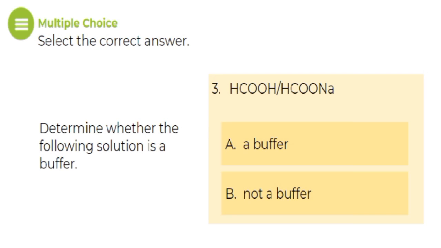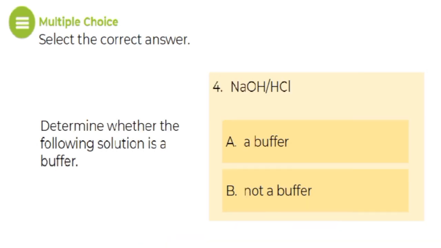HCOOH and HCOO negative. Is it letter A or letter B? Select the correct answer. Number 4. Determine whether the following solution is a buffer. NaOH and hydrochloric acid. Is it A, a buffer, or B, not a buffer?